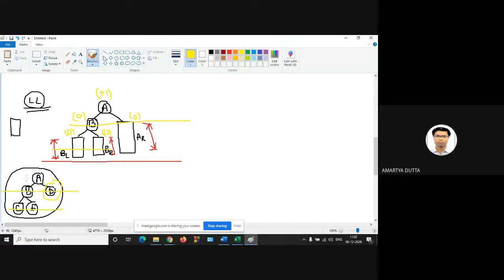So what will be the balance factor of A? Root node: height of the left subtree minus height of the right subtree. As the height of the left subtree is greater than the height of the right subtree, this will be +1. Is it clear to you? Yes, sir. Okay.